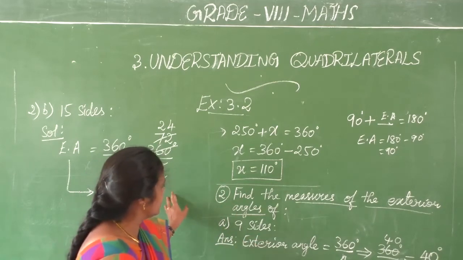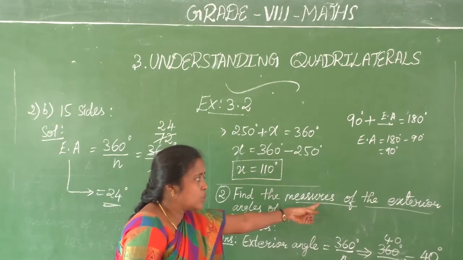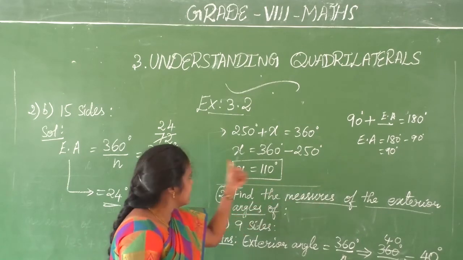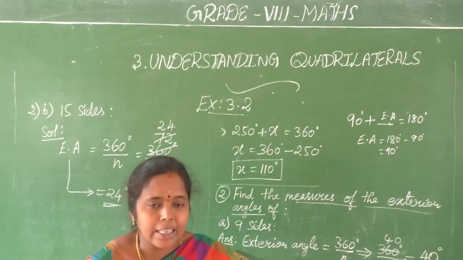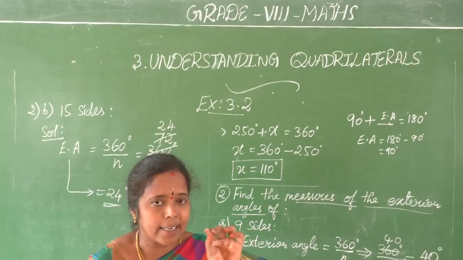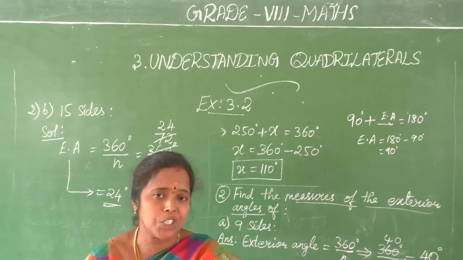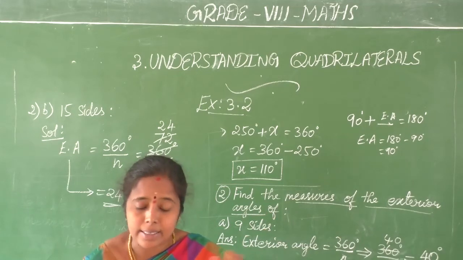In the second question, the number of sides is given, and they ask us to find the exterior angle. In the third question, they have given the exterior angle of the polygon and are asking how many sides. If the polygon has an exterior angle of this much degree, how many sides will that figure contain? This is the question. Clear?